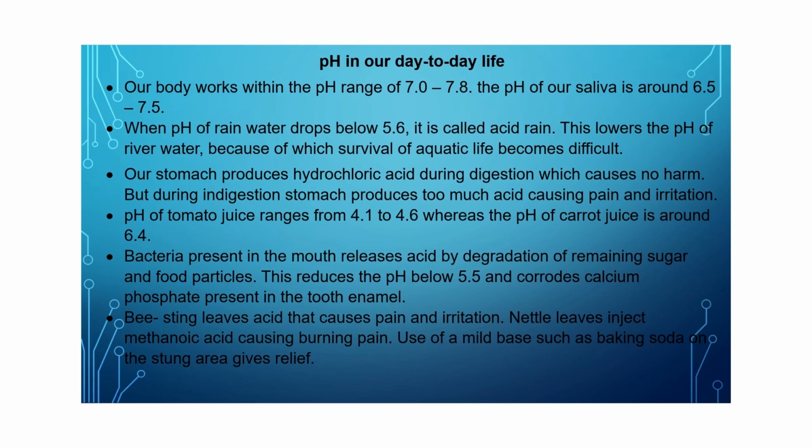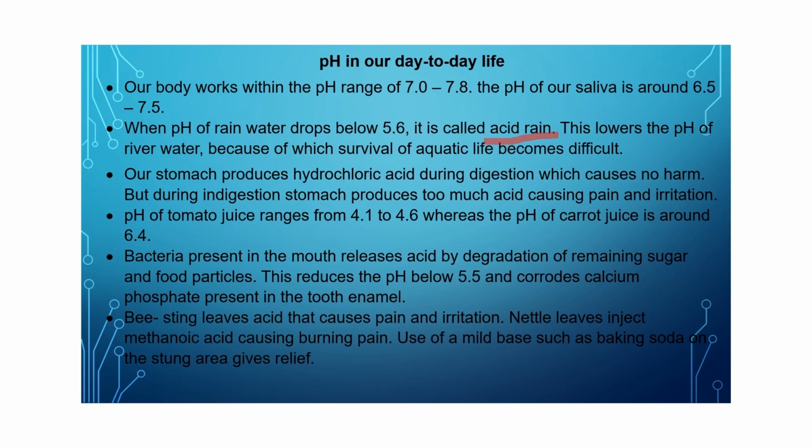The pH of our saliva is around 6.5 to 7.5. The pH of normal rain is around 5.6, right? But when it drops below 5.6, the condition is known as acid rain, right? Acid rain actually has a pH of around 2.6 to 3 at most.